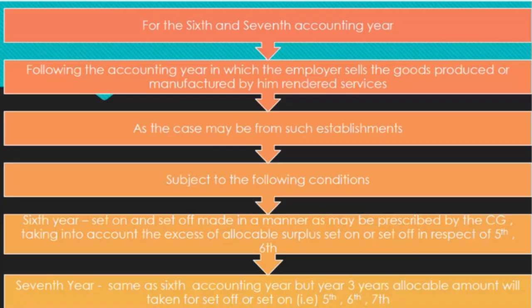For the seventh year we will take 3 years: fifth, sixth, and seventh. So in the first 5 years, bonus will be paid only if there is a profit. There is no carry forward.